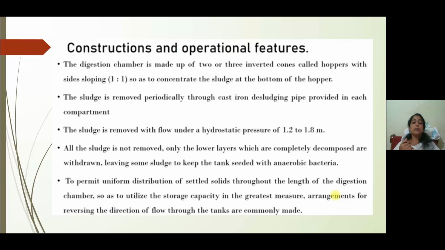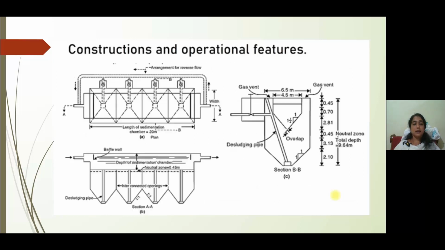To permit a uniform distribution of settled solids throughout the length of the digestion chamber, so as to utilize the storage capacity in the greatest measure, arrangements for reversing the direction of flow through the tanks are commonly made. This is the plan view. The first picture is the plan view of an Imhoff tank.